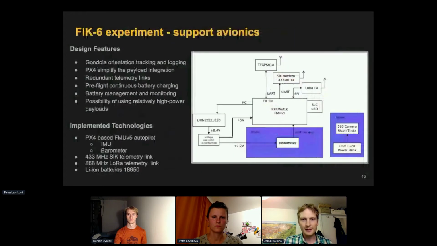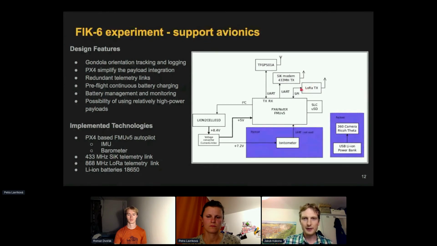The next slide, please. The experiment support avionics design is based on experiences from our previous balloon flight. Therefore, we chose the PX4 autopilot, which is connected to a GNSS navigation module, SIG modem, and LoRa-based telemetry system.